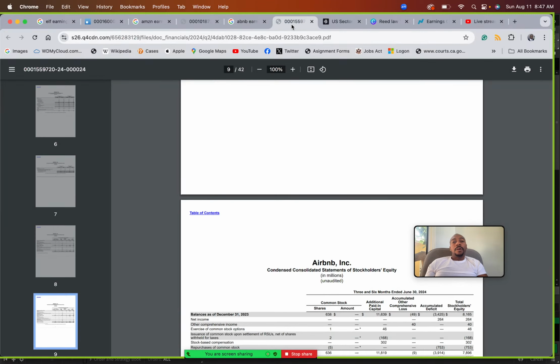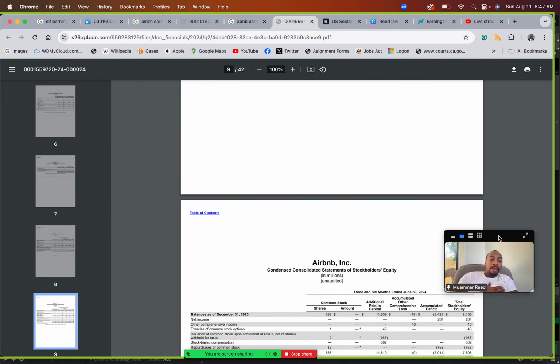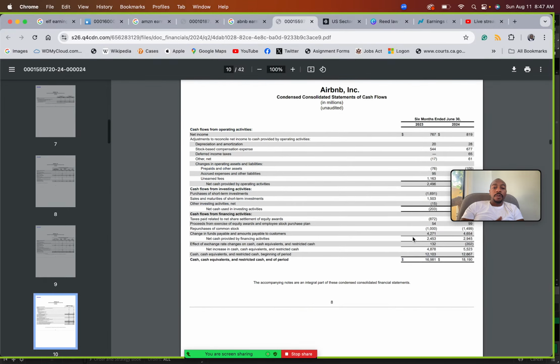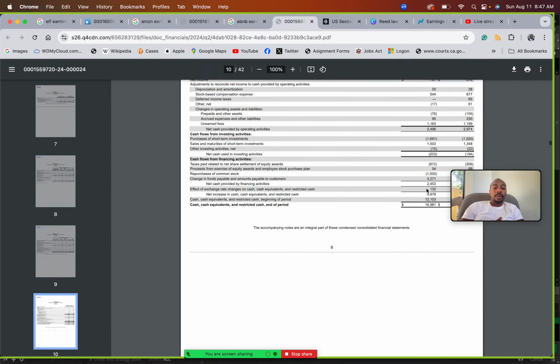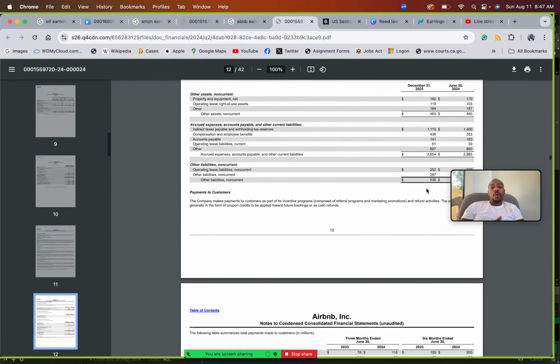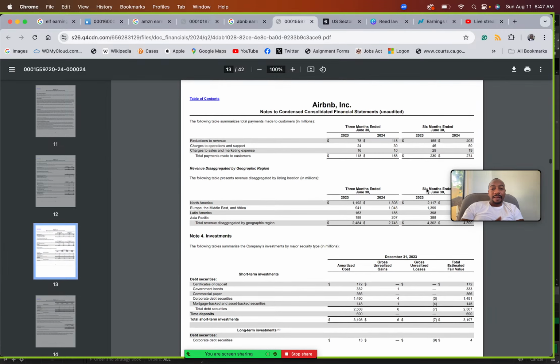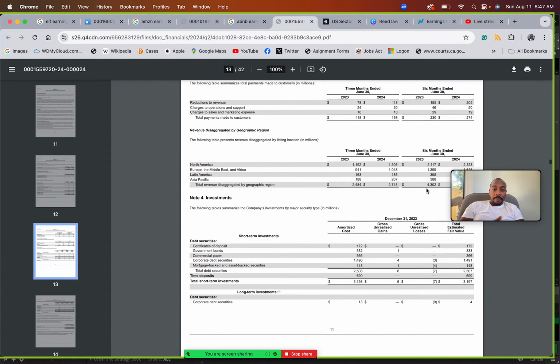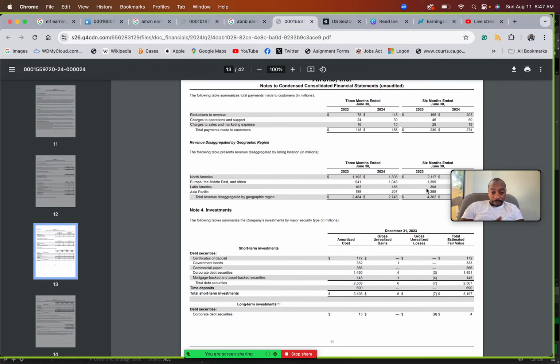A lot of communities are becoming anti-Airbnb. They're putting up more restrictions for people to Airbnb their property. This is why I'm kind of iffy on this one. It would have to drop a little bit further before I would be interested.